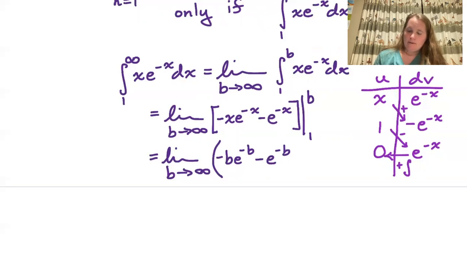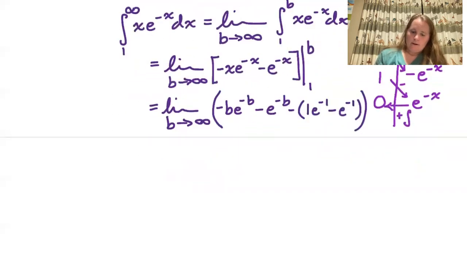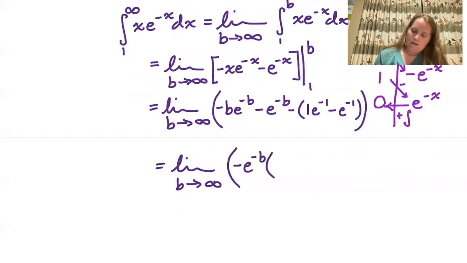And then we would subtract from that, we would have a 1 e to the negative 1 minus e to the negative 1. So this simply becomes the limit as b goes to infinity of a negative e to the negative b times b plus 1.